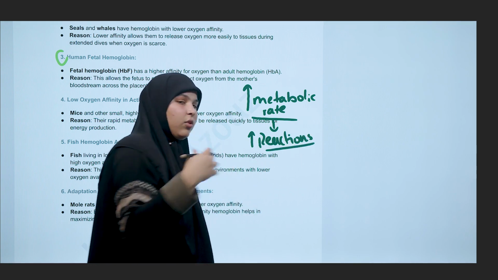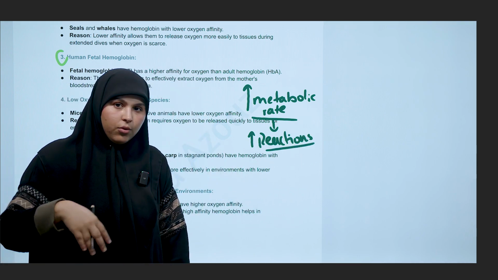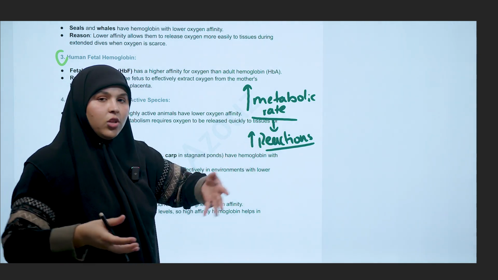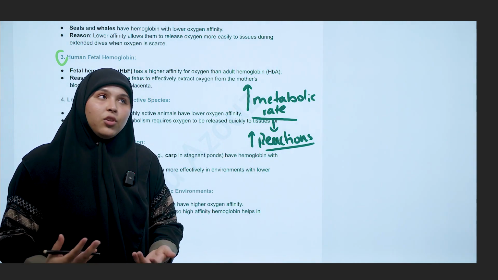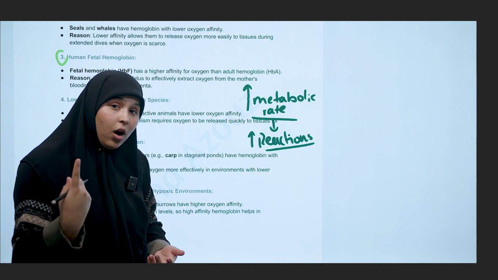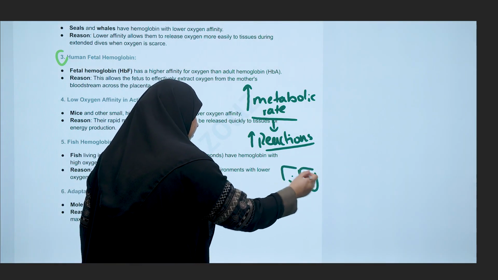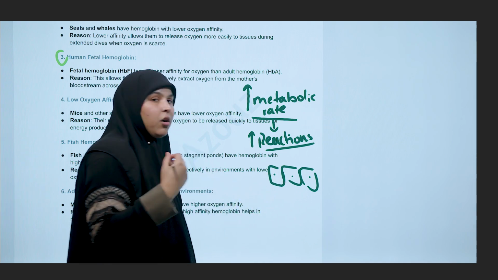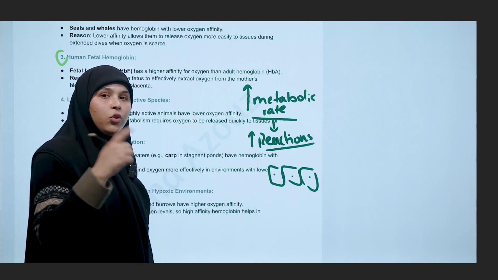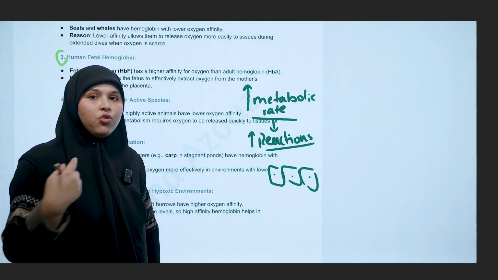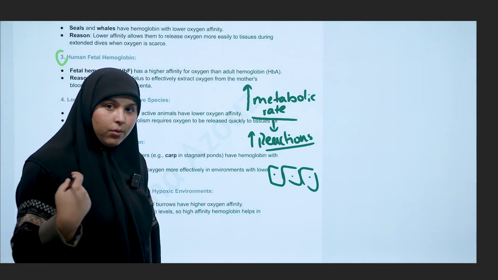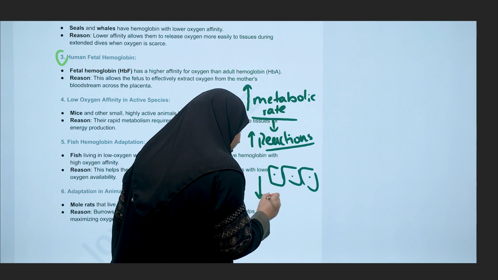Of course, lung cells do need oxygen in order to do their own respiration. But when we talk about the tissues or cells, more reactions means I need more oxygen, but where? Into the cells, right? If I need more oxygen in the cells, do I want higher oxygen to hemoglobin affinity? No. I would like to have lower affinity.